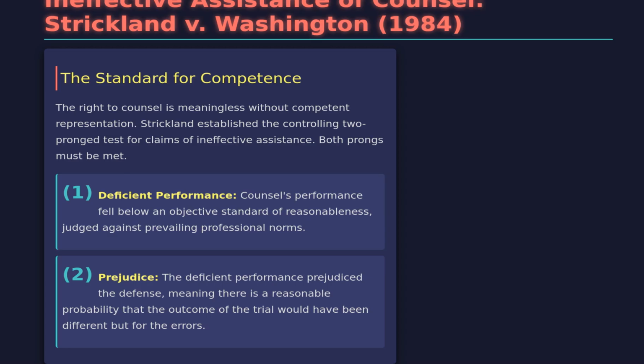Second, the prejudice prong requires demonstrating that the deficient performance actually prejudiced the defense. Prejudice means there is a reasonable probability that, but for counsel's unprofessional errors, the result of the proceeding would have been different. Both prongs must be satisfied to overturn a conviction based on ineffective assistance.